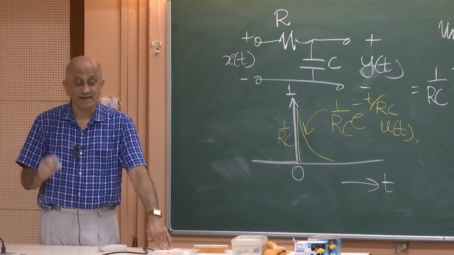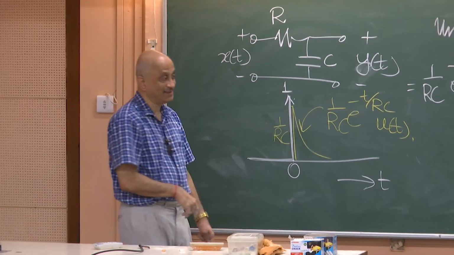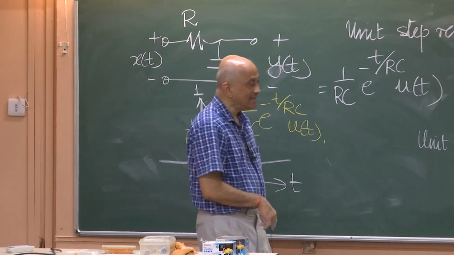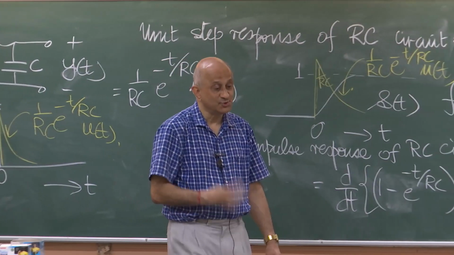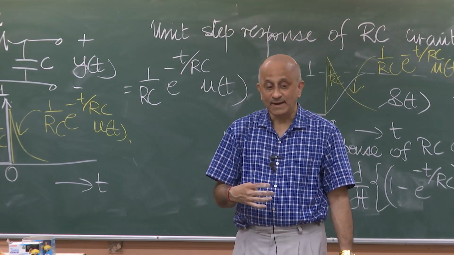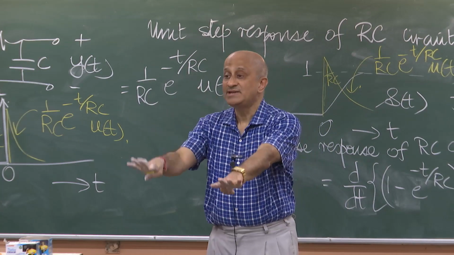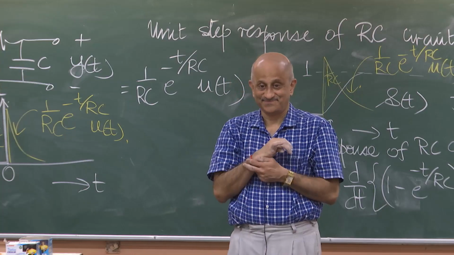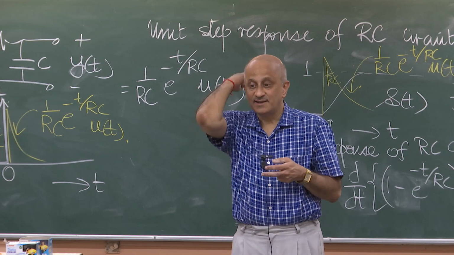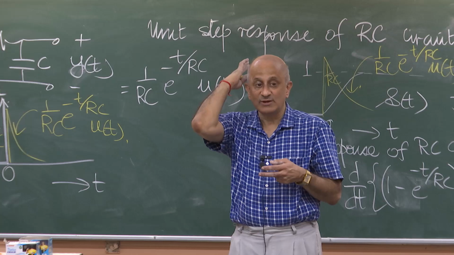So, you see, you must also associate a physical meaning with this. What does the impulse do? We are saying the impulse initially suddenly pumps some charge onto the capacitor, and therefore it suddenly raises the voltage on the capacitor.